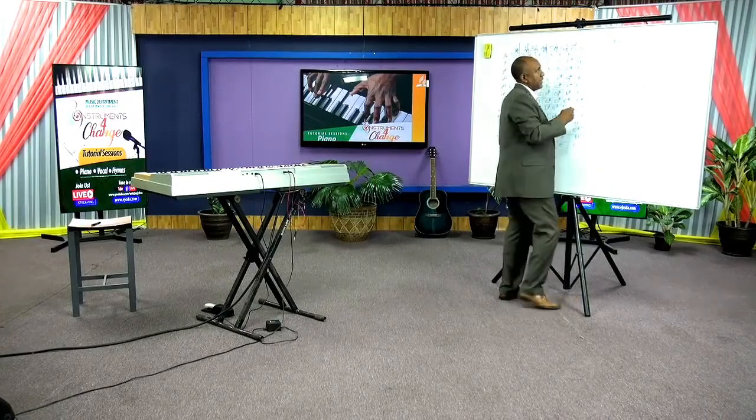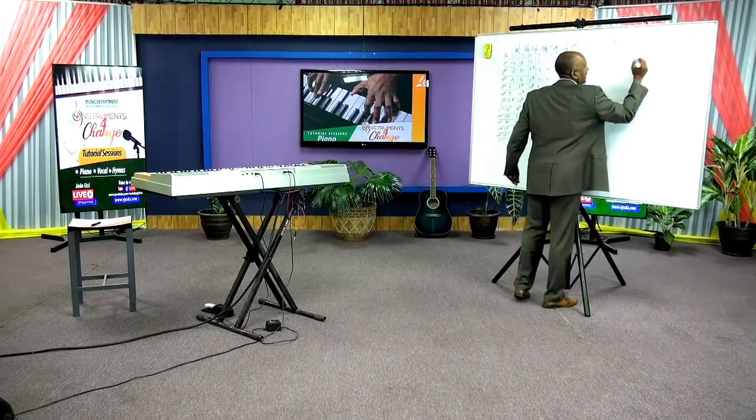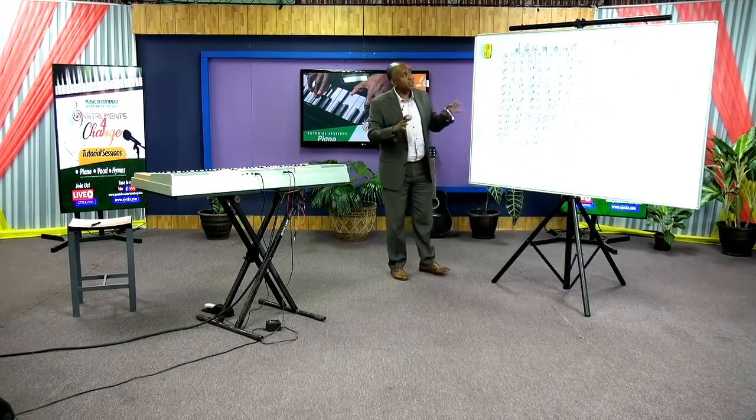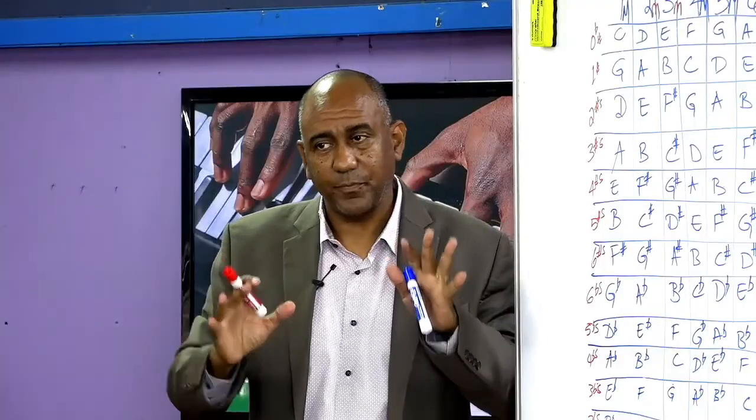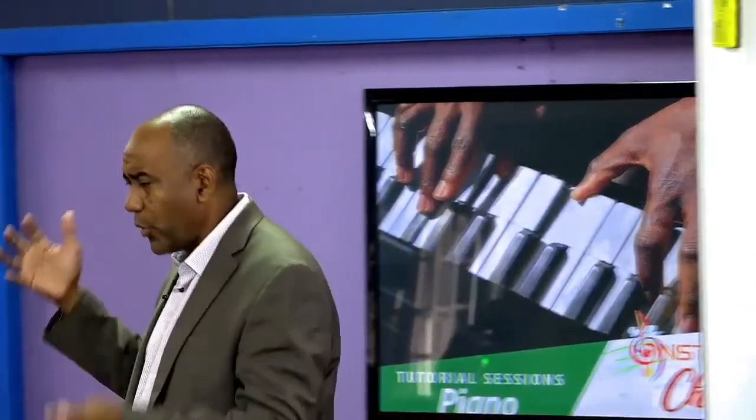Keep in mind that 6 is minor. The other chords are major. Now, we are going to figure this out in every key. And we'll see if we have time enough in this session to visit 2 more songs.